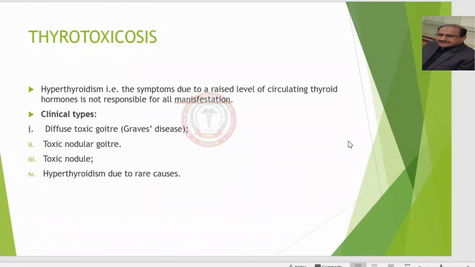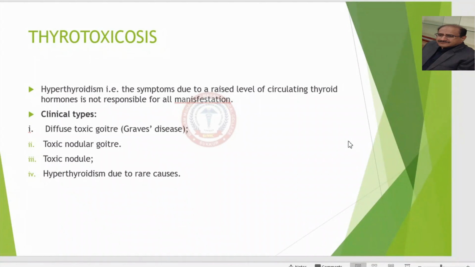So there are certain clinical types of thyrotoxicosis. One is Graves' disease. Graves' disease is usually characterized by a diffuse toxic goiter. It is an autoimmune disease in which there is thyrotoxicosis.